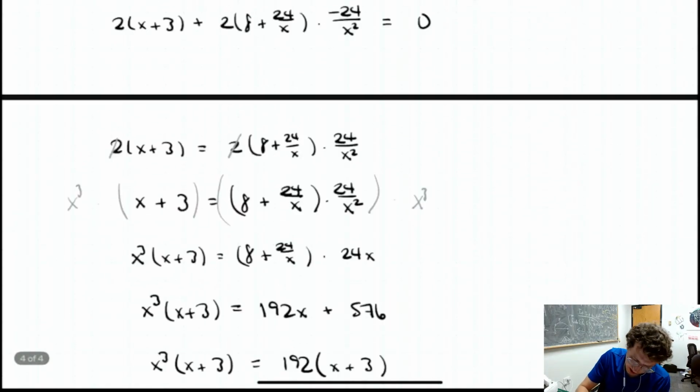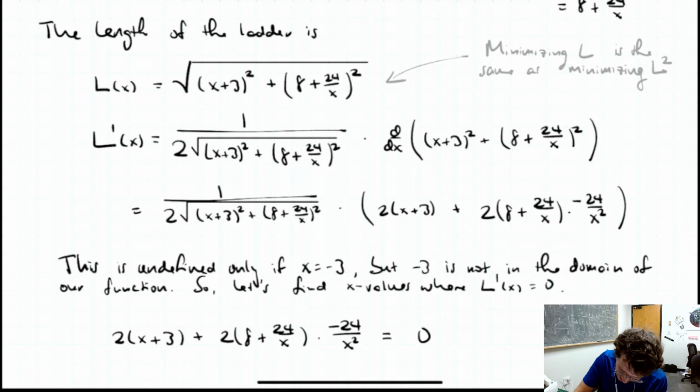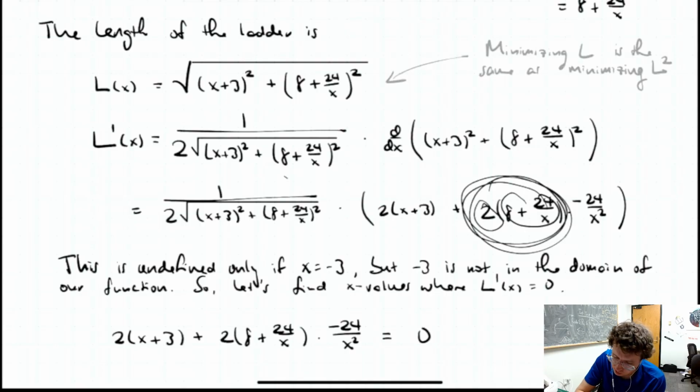So when I plug in 8, I get, again, all positive. Here I'm going to get 22, and this is 11, so that's 22. Well, this thing is 22, but this is minus 24 over 64.